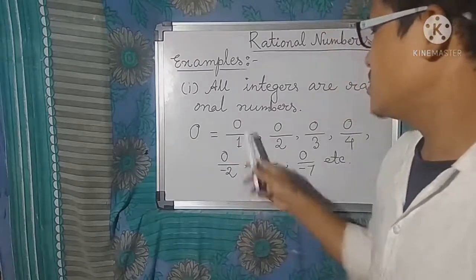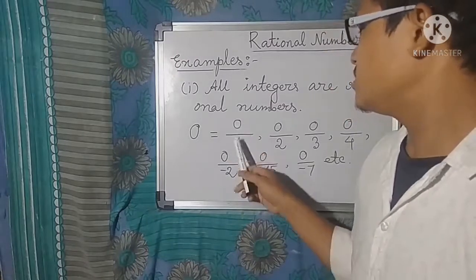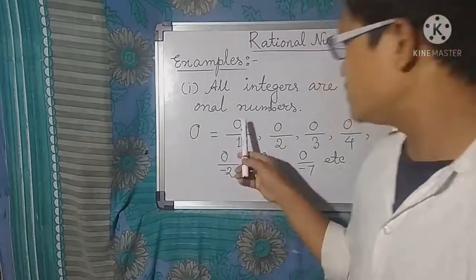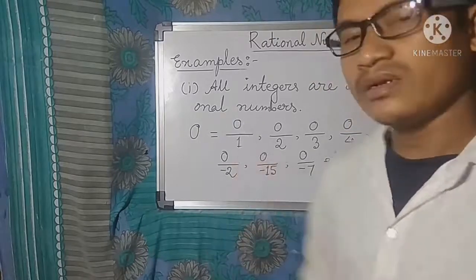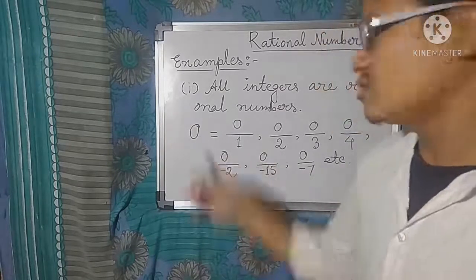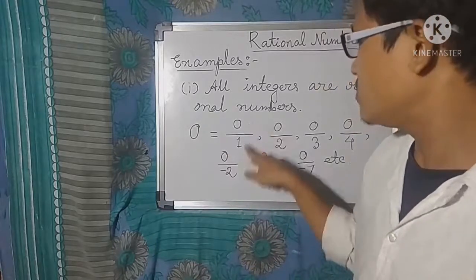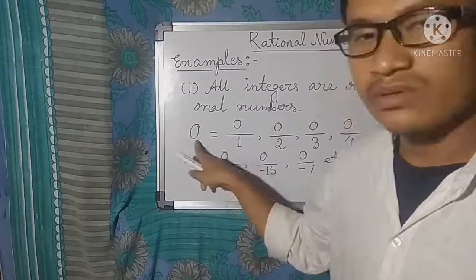Because why? 0 is divided by 1. If we divide 0 by 1, then we will get 0 itself. So 0 by 1 is the p by q form of 0, isn't it?